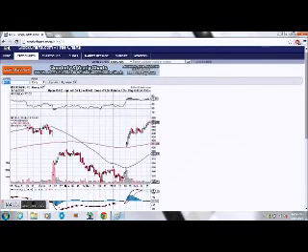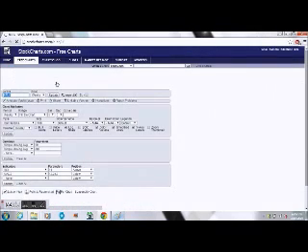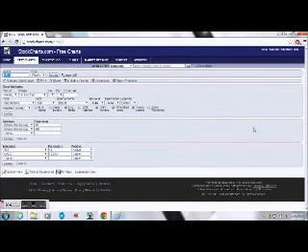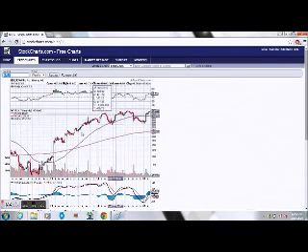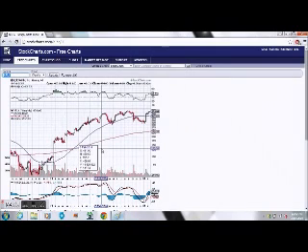So we're gonna look at trends real quick. If we go to the weekly chart of Netflix, when it loads up, we can see that it's in what's called, well, it still is, an uptrend. And there's a saying that goes, the trend is your friend, never fight the trend.